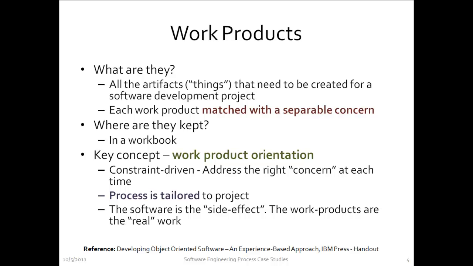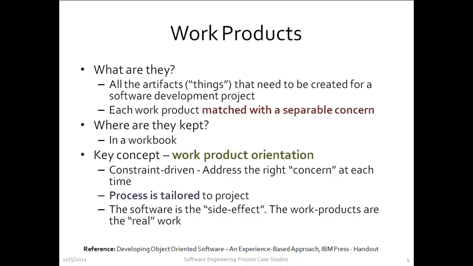One important point about work products is that each work product should capture a separate thing about the project or a separate concern about the project. This notion of separation of concerns will become clear when you see the examples of work products in the next set of slides. This focus on work products is also known as work product orientation, and this is a key concept.